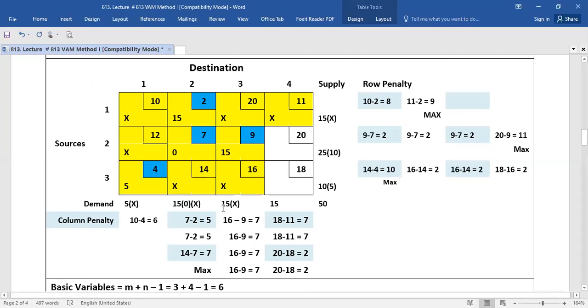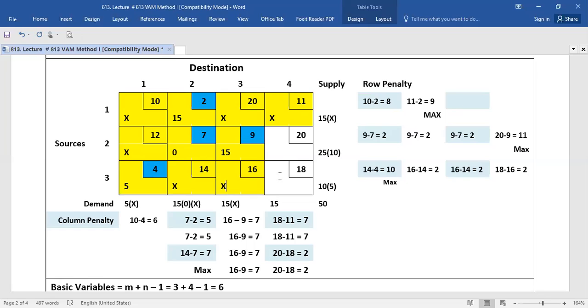So your demand is complete. You are now left with this column. Now what to do? When you see that only a single column or row is left, you will make no more penalties.